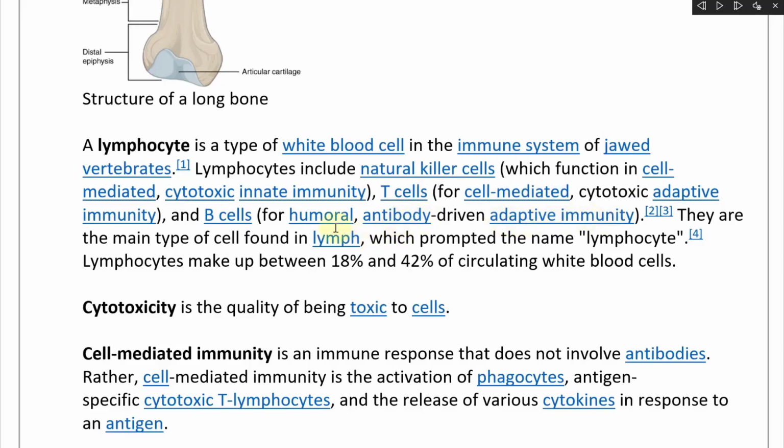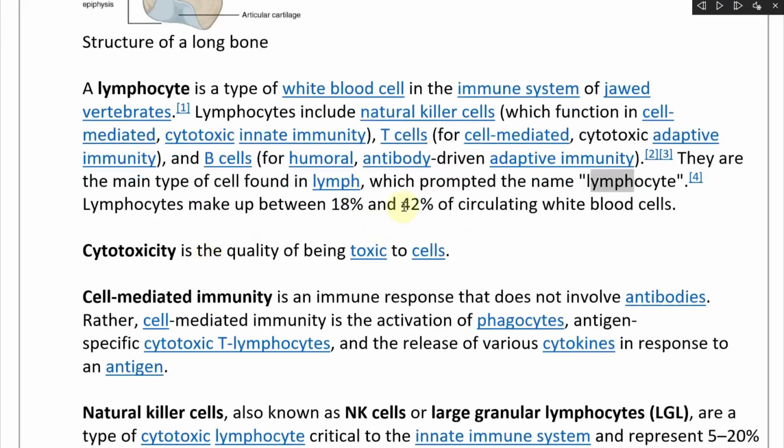That's the B cells, memory or adaptive. They are the main type of cell found in lymph, which promoted the name lymphocyte. So there's the lymph there. Lymphocytes make up 18% to 42% of circulating white blood cells. Interesting. So white blood cells, a big portion is these lymphocytes.